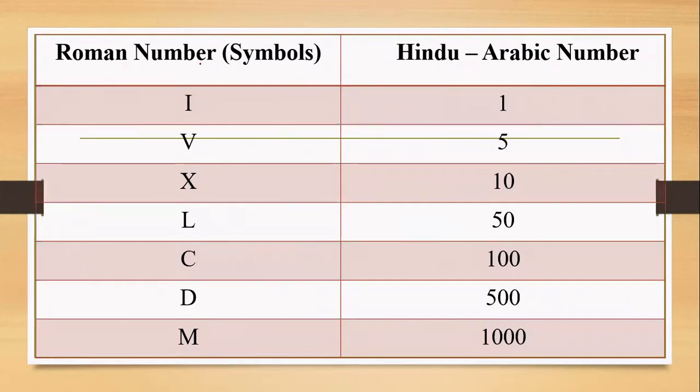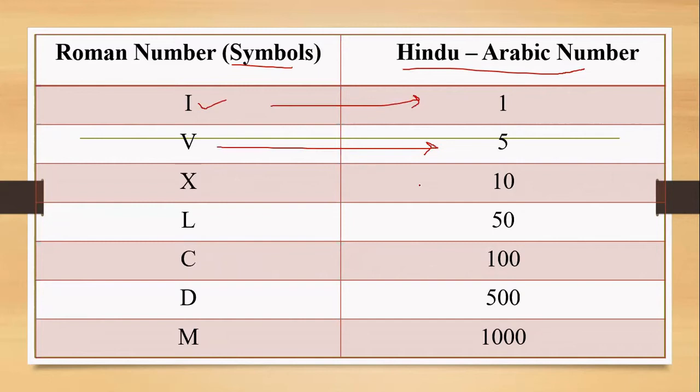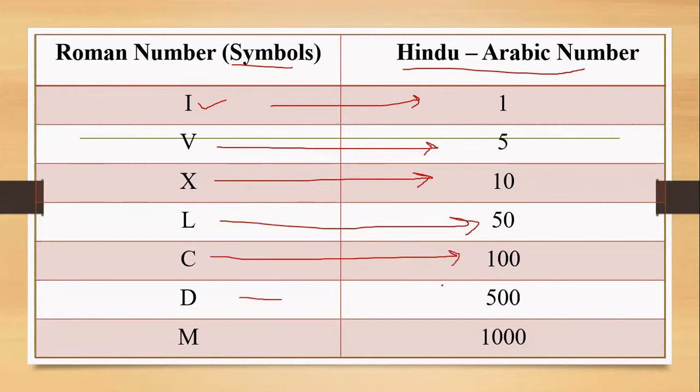In the previous class we have already learnt about Roman symbols and their values in the Hindu-Arabic system. Let's learn it again. These are the standard symbols that you have to keep in your mind. I is representing 1, V is representing 5, X is representing 10, L is representing 50, C is representing 100, D is representing 500, and M is representing 1000.